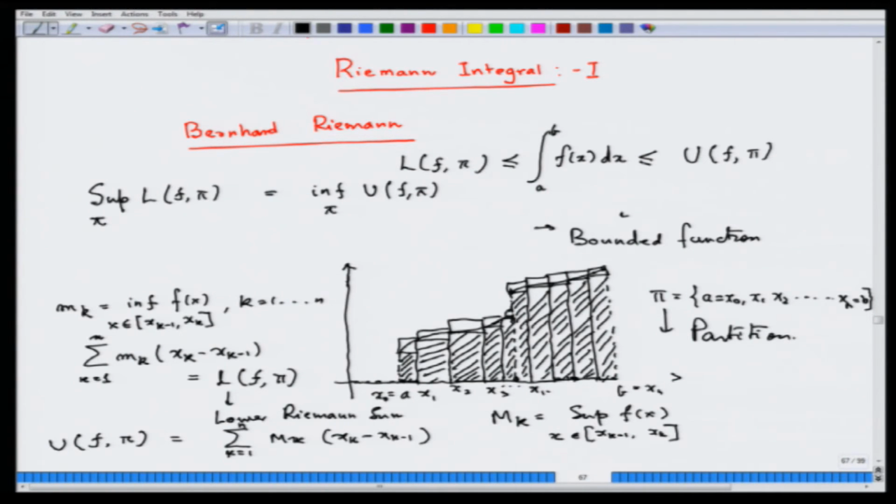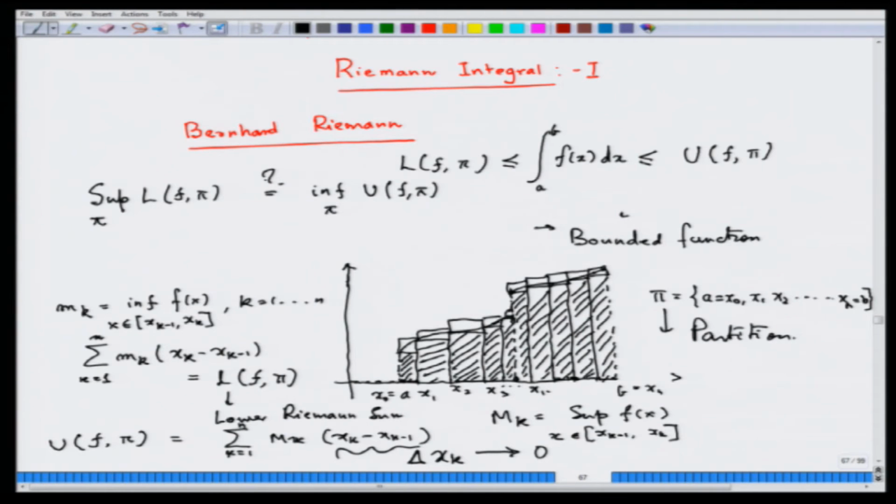I will partition in such a way that the interval length, between x k minus 1 and x k, is made smaller and smaller. If I call this interval length delta x k, then I will make delta x k go towards 0, and then see what happens to the supremum of L f pi.